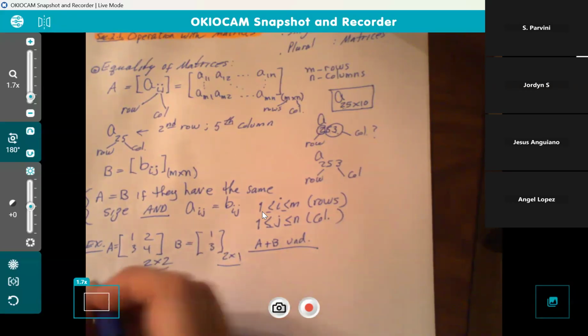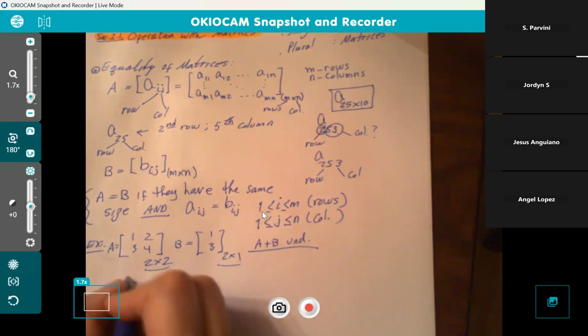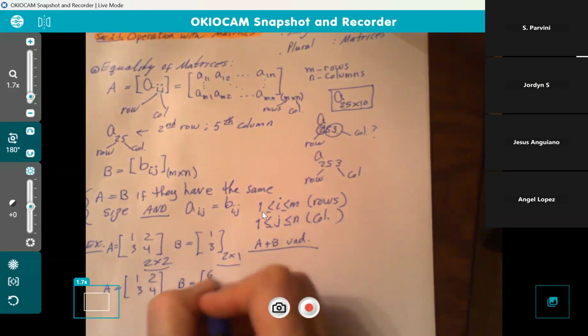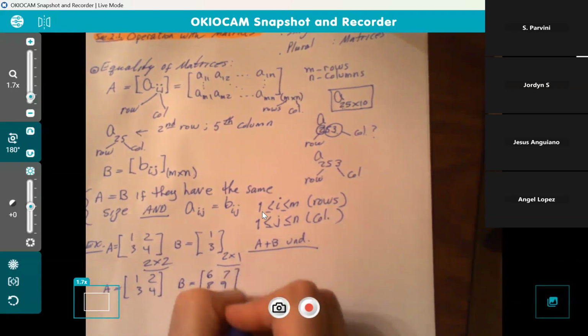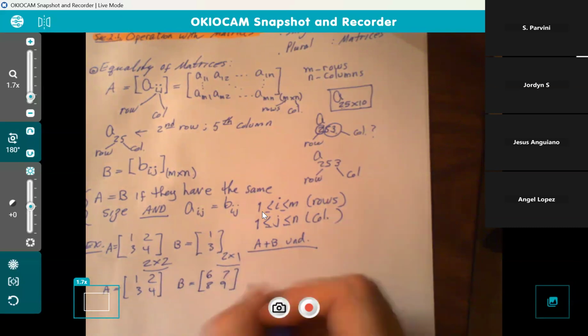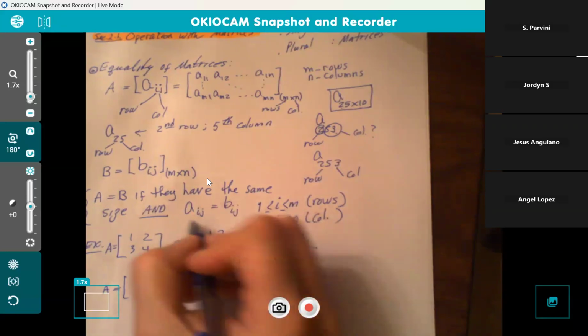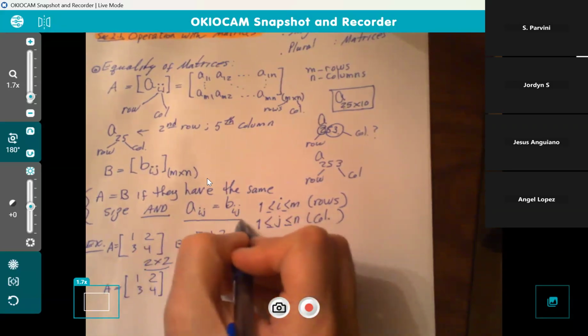Now, if they have the same size, so for example, let's say I have A, 1, 2, 3, 4, and B, let's say that one is 6, 7, 8, 9. Then if I do A plus B, would I be able to add them now? Looks like I should be, correct? Because this is 2 by 2, that's 2 by 2. Now, what does this equation mean? Aij plus Bij.